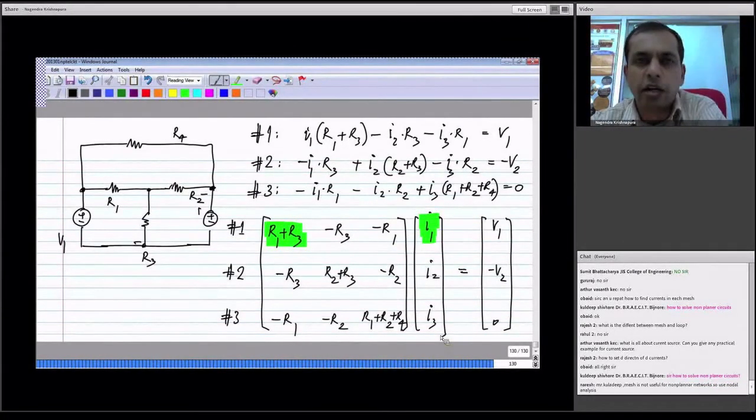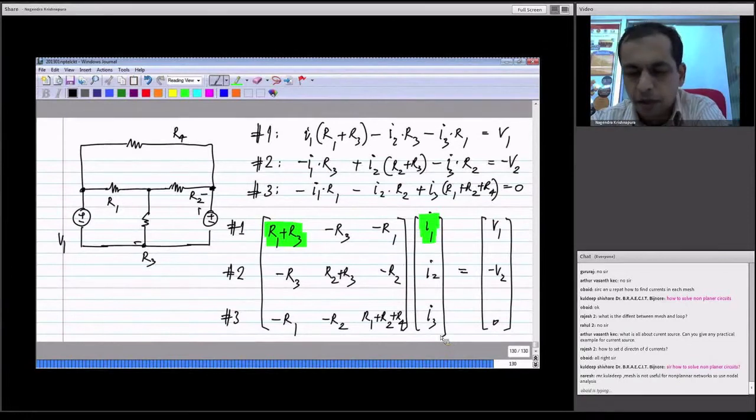Because I had already done nodal analysis earlier, I went a little quickly through this, but if some part is confusing, please ask me. Now, all I did was, I first identified mesh currents, that is currents in each mesh in clockwise direction. Then I expressed every branch current in terms of mesh currents, and they will come out to be either the mesh current itself for branches along the periphery of the circuit, and for branches which are common to two meshes, it will be the difference between two mesh currents.